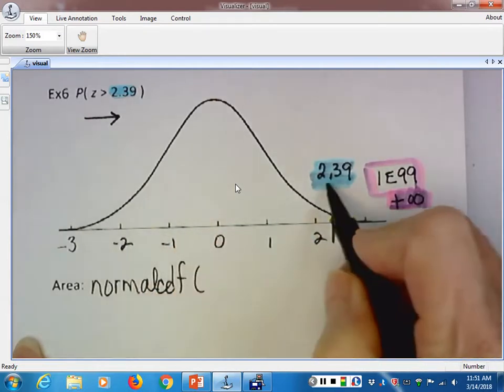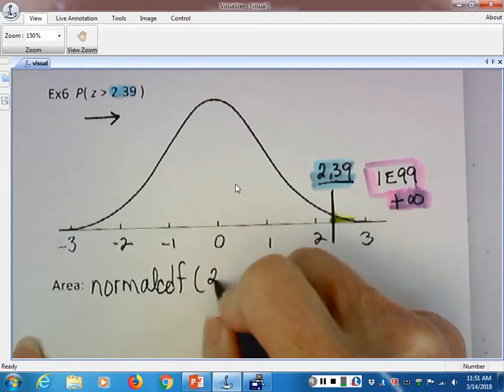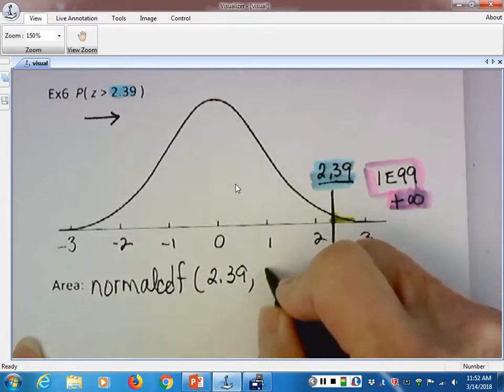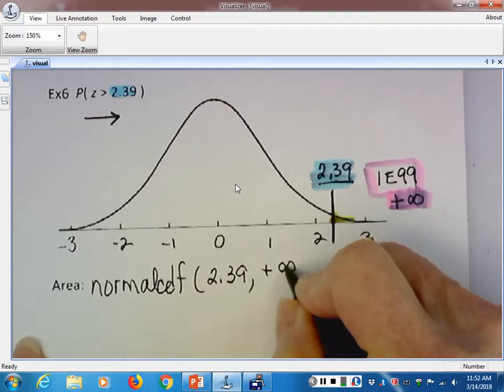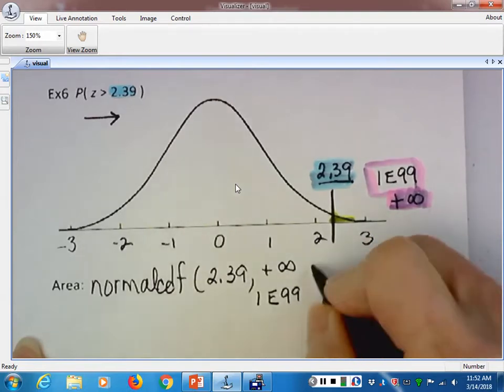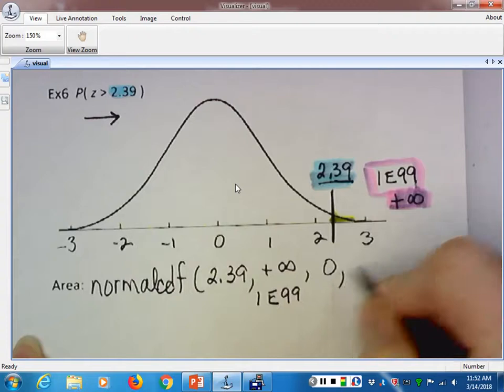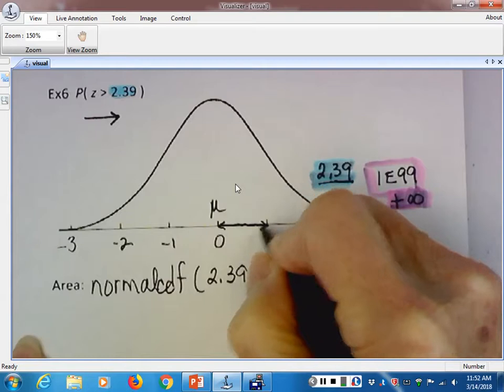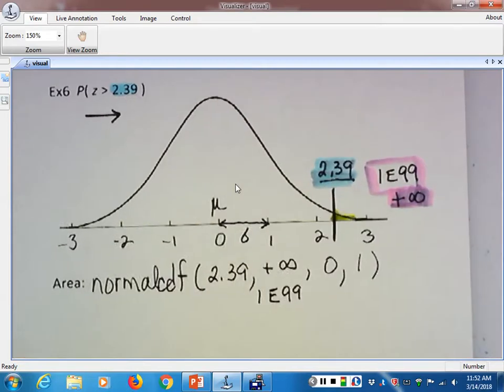So our lower boundary is the 2.39. The upper boundary is positive infinity, which we're going to enter 1E99. The mean is 0. The standard deviation is 1. And I keep marking that to make sure that you get that associated in your mind.